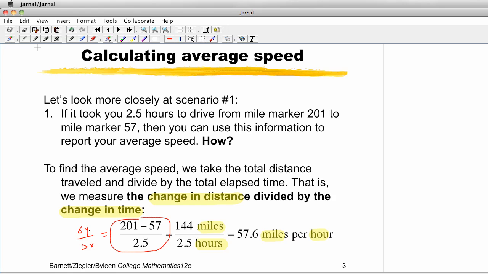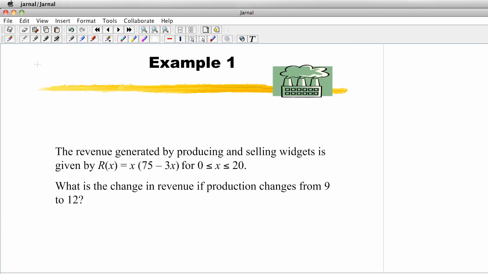So in a scenario where the y coordinates represent distance and the x coordinates represent time, then this miles per hour calculation that we're doing to get the average speed is actually the same thing as change in the y over change in the x, which is slope. So if I had a graph that had those y coordinates for distance and that x coordinate for time, then the slope is what the rate of change corresponds to.